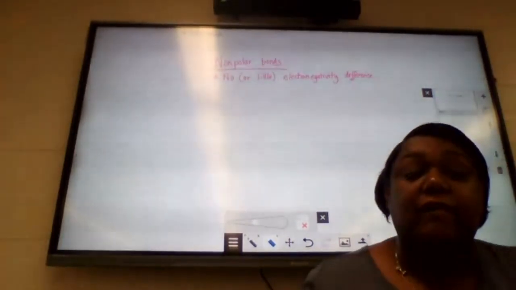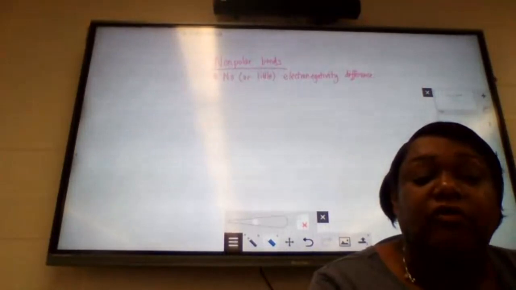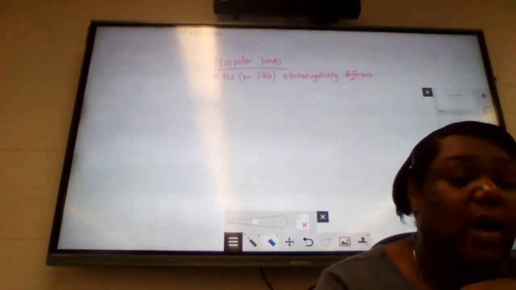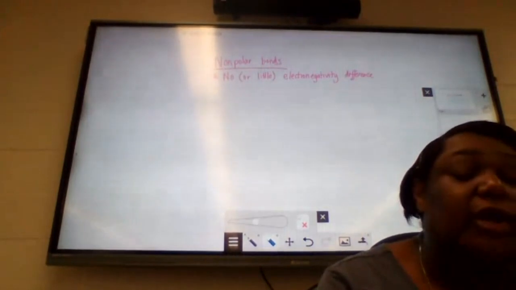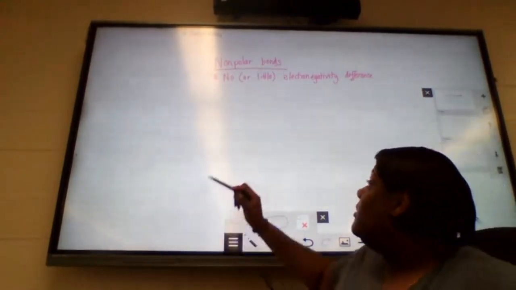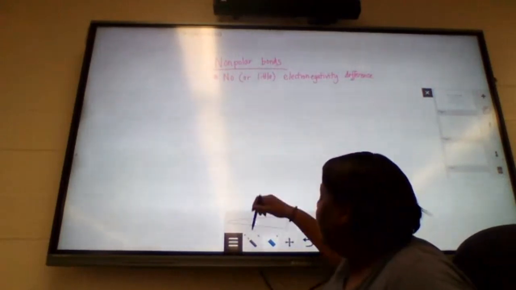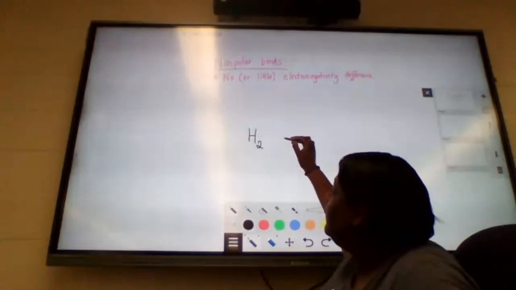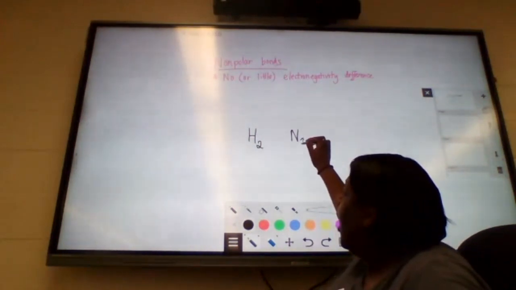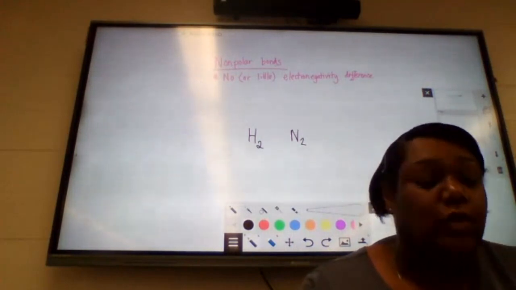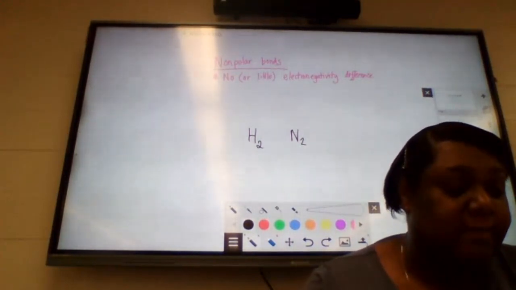So if it is a polar bond, there's going to be a large difference in the electronegativity. When it's a non-polar bond, there will be very little or no difference in the electronegativity. So nonpolar bonds, we're talking about things where you've got the same element. Like if I've got H2 or N2, all of those are going to be nonpolar bonds because they're the same element, so there's no electronegativity difference.